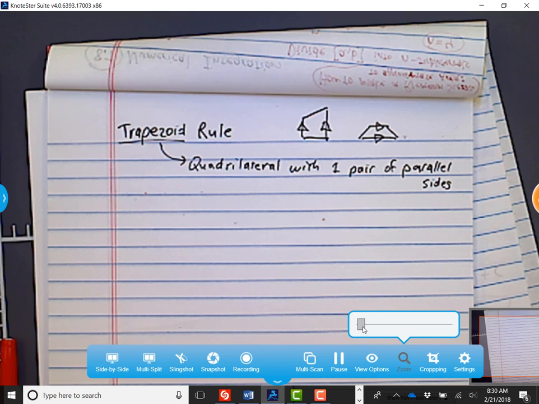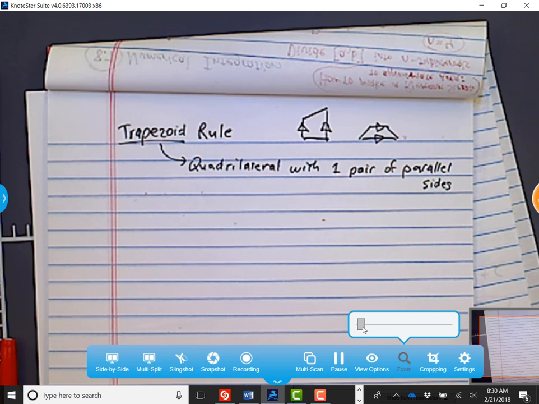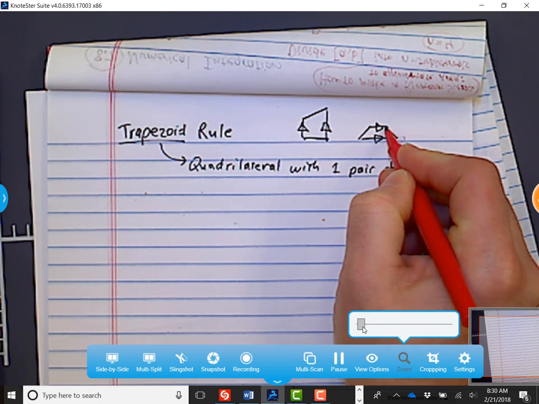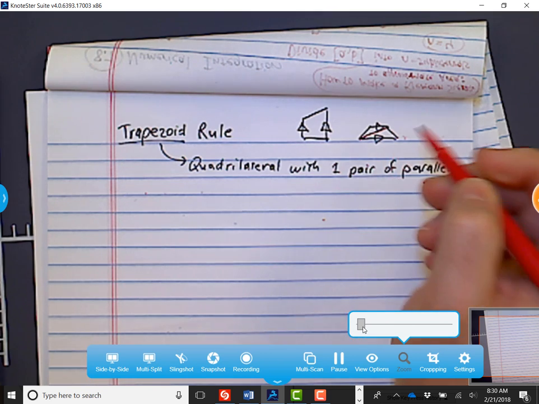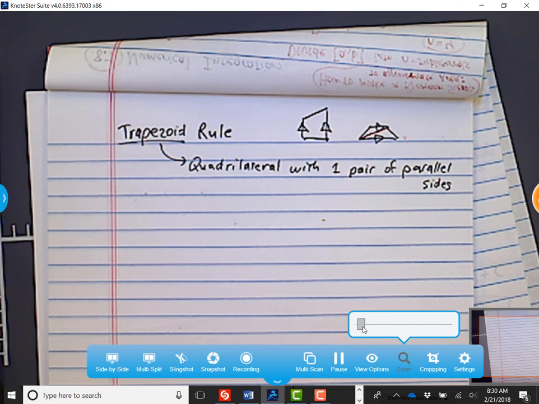Okay? And the next question I have is, do you know anything else about a trapezoid? Like the formula for the area? What if I said I want you to find the area of a trapezoid? Would you guys know how to do that? No. I'll tell you the trick. You take a pen out and you draw a line from one corner to the other, making a diagonal.